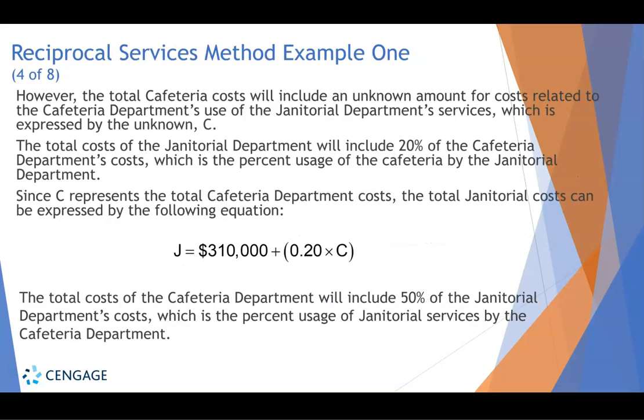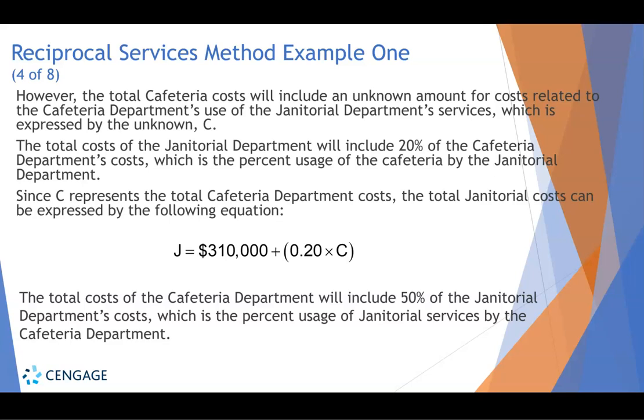The total cafeteria cost is going to include that unknown J for costs related to the cafeteria department's use of the janitorial department services. That's going to be expressed as C, the unknown variable.